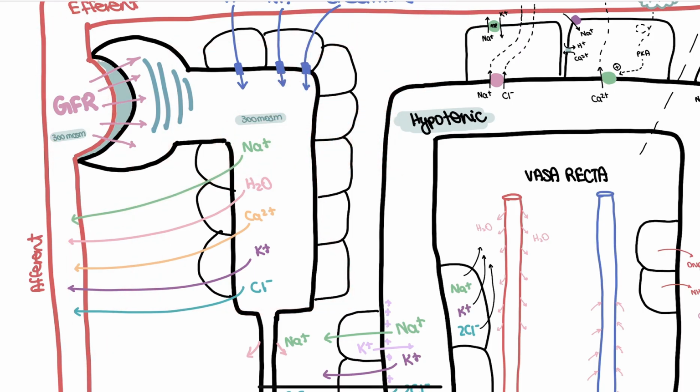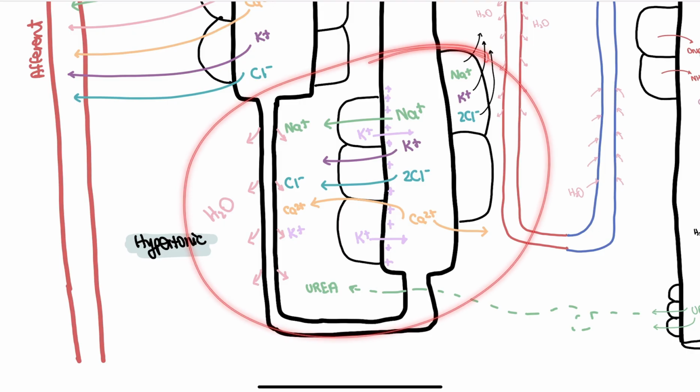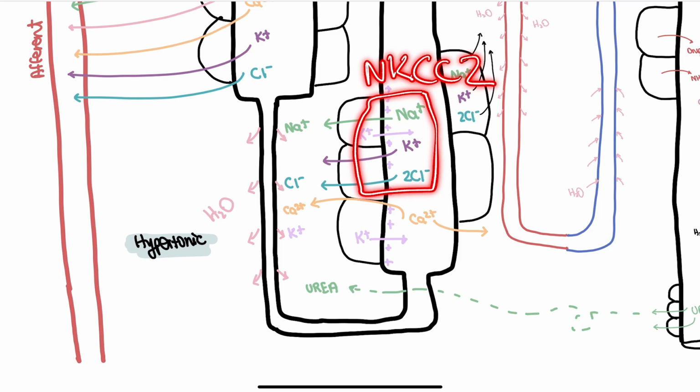All right, moving forward, we look at the thick ascending limb of the loop of Henle. There's a lot of stuff going on right here. You have these channels, the NKCC2: sodium, potassium, and this one is chloride, and you have two of them, and it's a symporter or co-transporter.